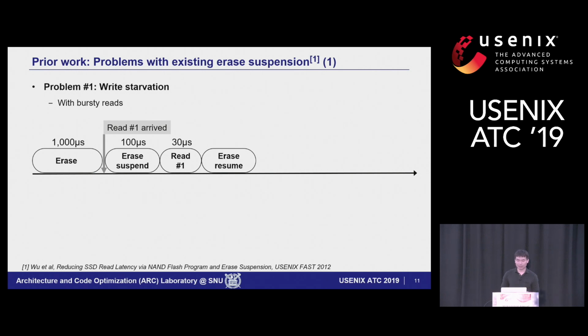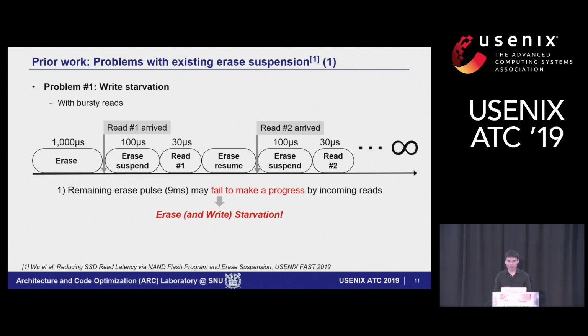At this time, however, the erase pulse is immediately suspended when read request number 2 comes in. If the read requests are bursty, the remaining erase pulse can never be processed. This example shows the erase operation can starve if the read requests continue to come.